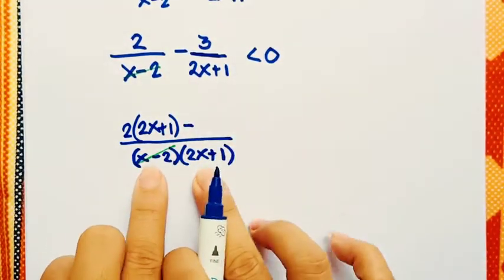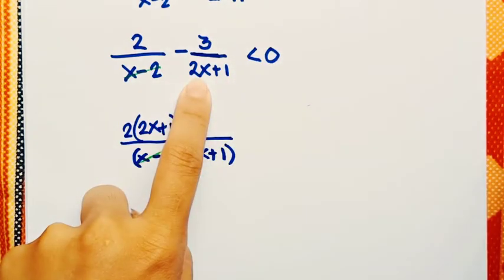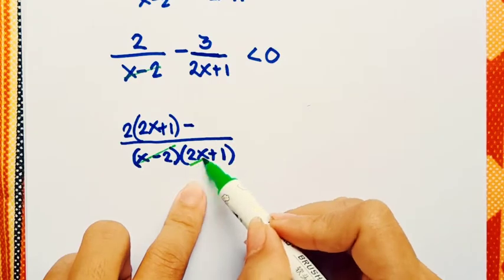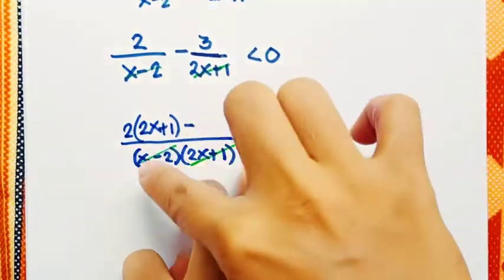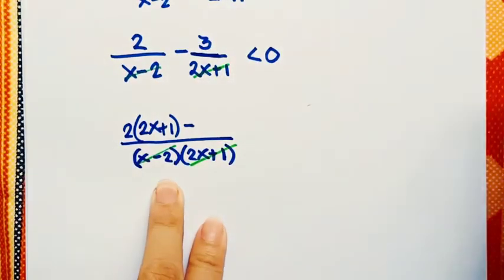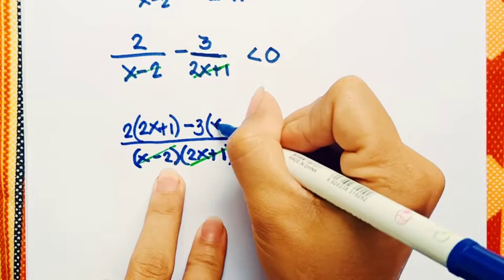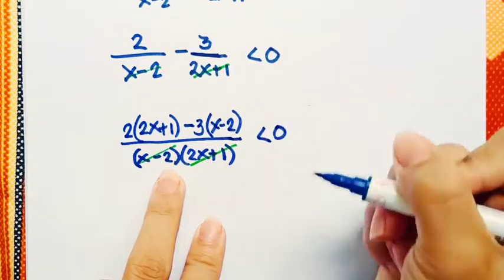Minus, i-divide nato sa denominator sa second term, ma-eliminate. Ang mabilin katong naa sa taas. So we have the numerator 3 times x minus 2 is less than 0.